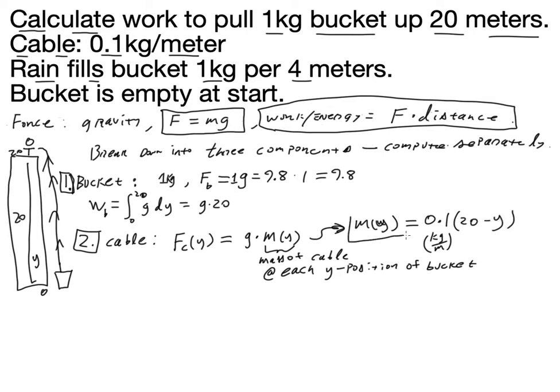And so this is our mass as a function of how much cable we've pulled up. It should be, of course, that m at 0 should be 0.1 times 20, and m at 20 should be equal to 0 because there's no cable. We can see that both of these check out.